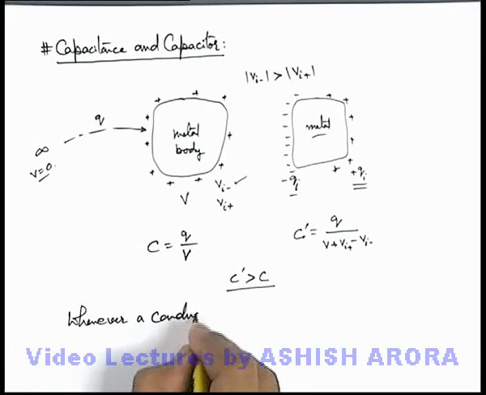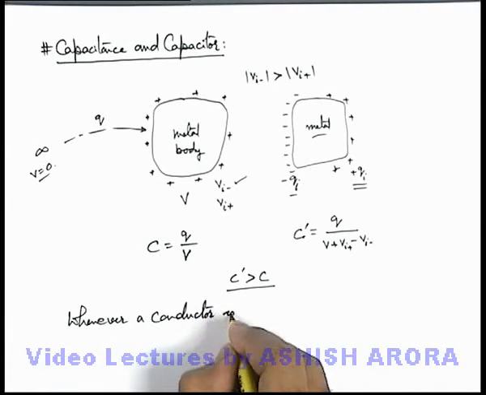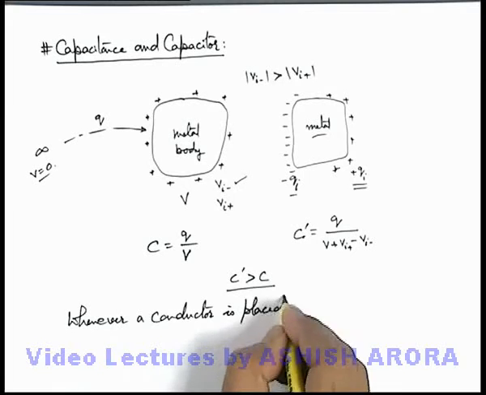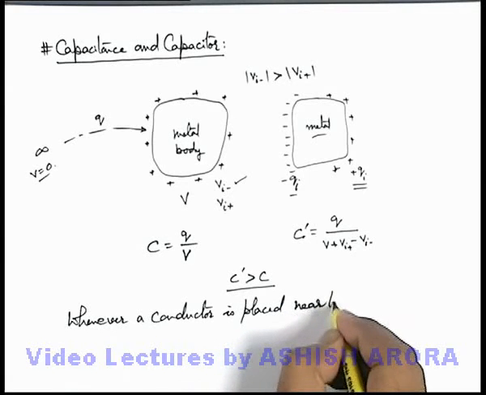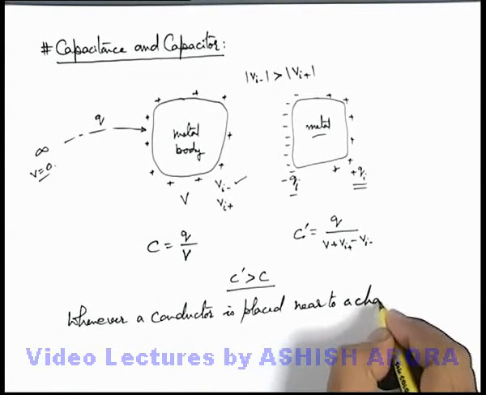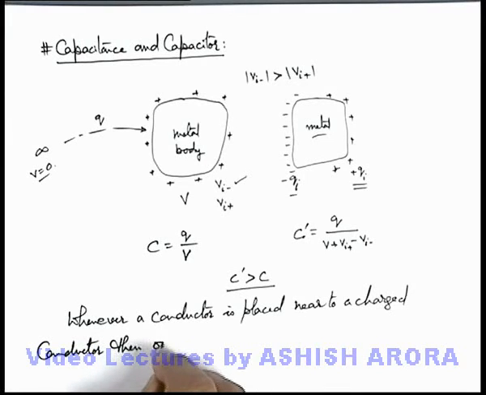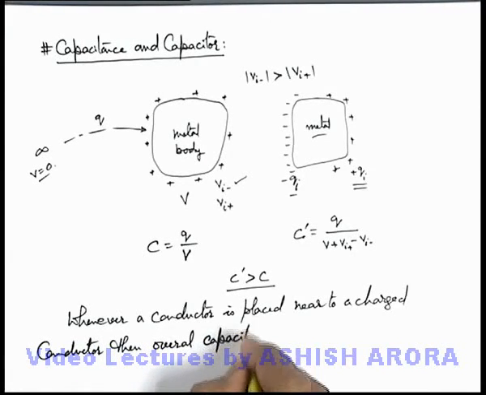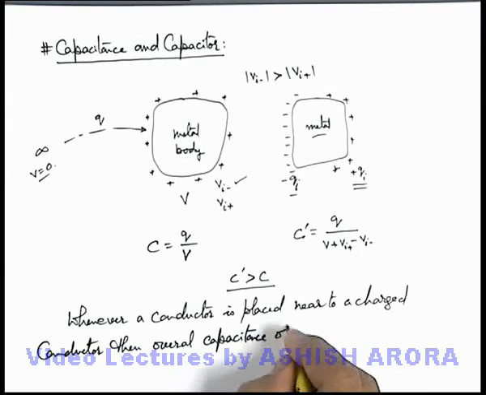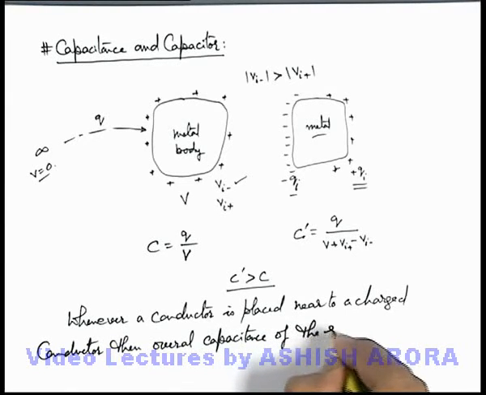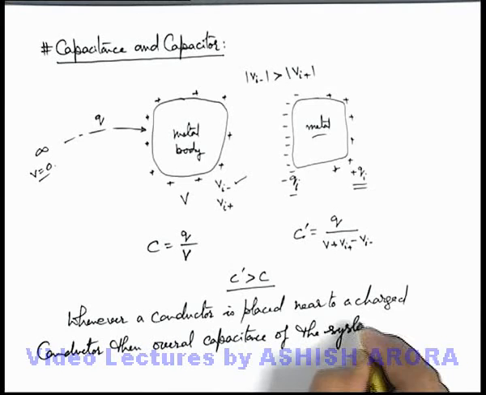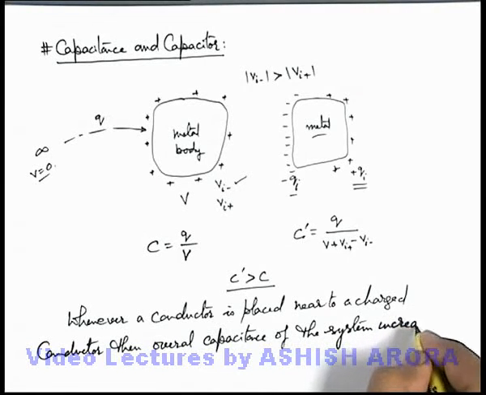So here we can write: whenever a conductor is placed near a charged conductor, then the overall capacitance of the system increases.